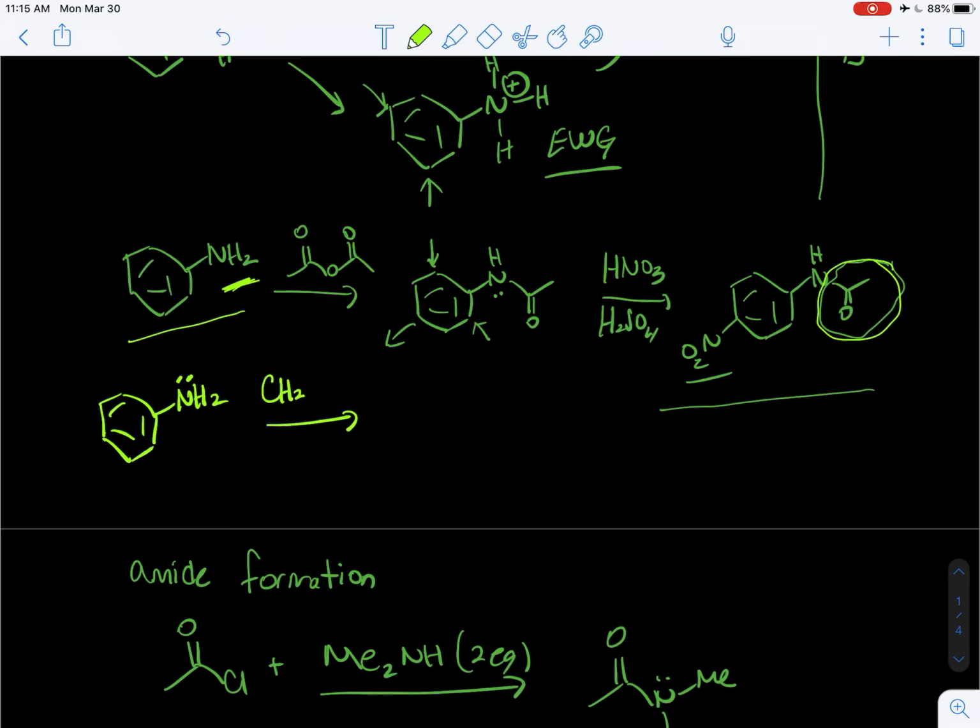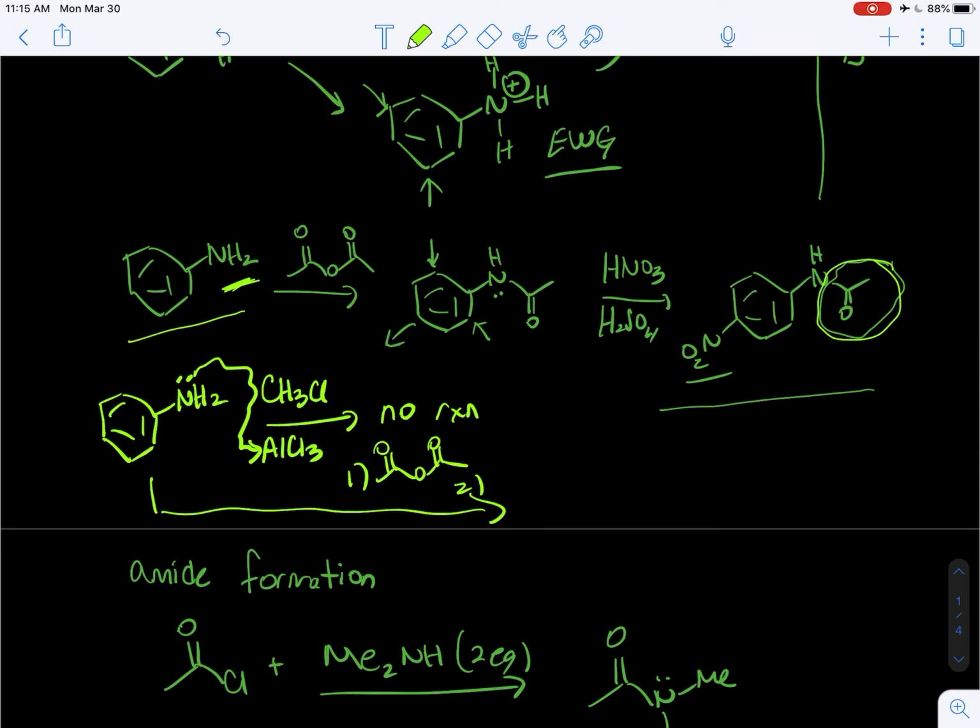If we try to do a Friedel-Crafts acylation, this nitrogen will attack the aluminum, inactivating the catalyst and causing it to be an electron withdrawing group, and there's all these problems, right? So what we would have to do is first acylate this molecule with acetic anhydride, then do the Friedel-Crafts, then step 3, do the hydrolysis, which requires water, acid, very patient amounts of time when you heat this up.